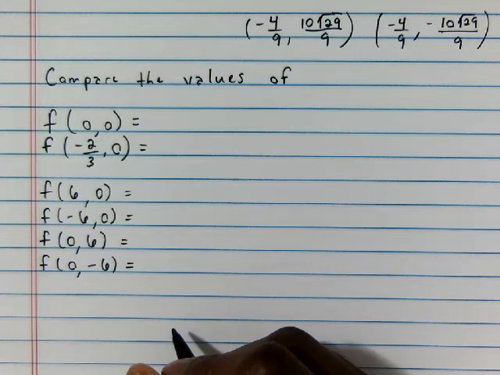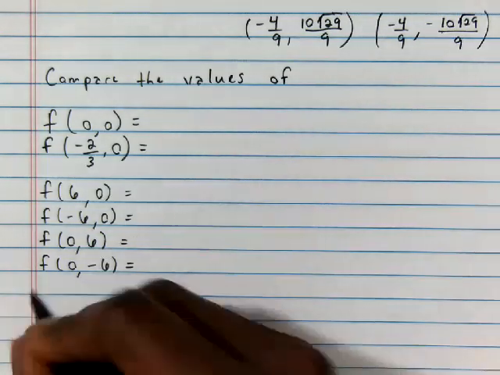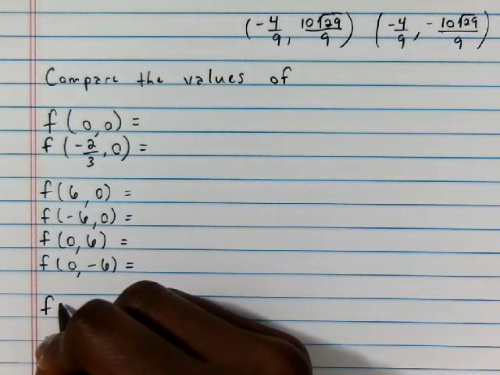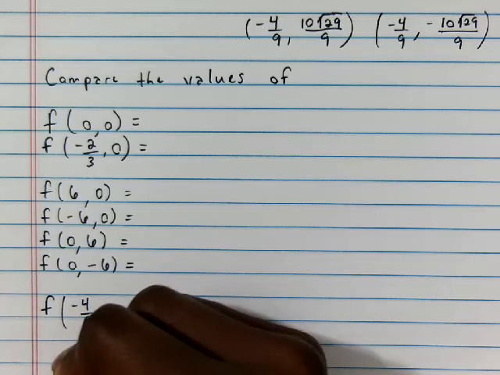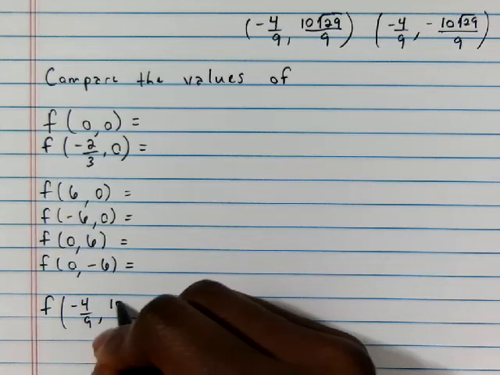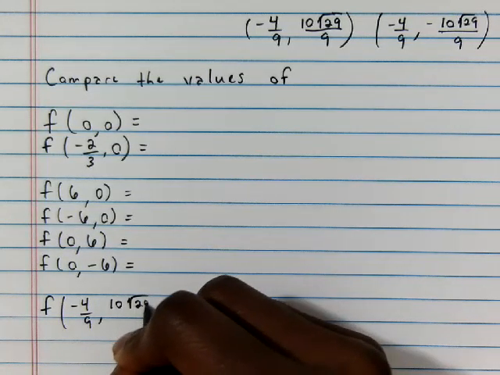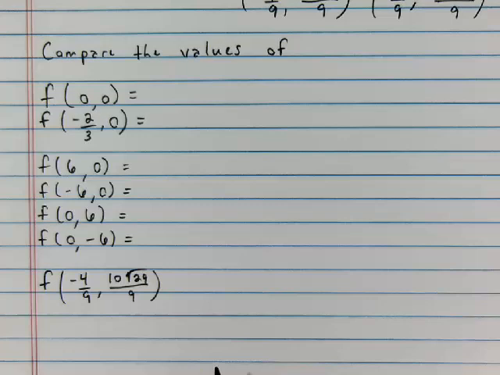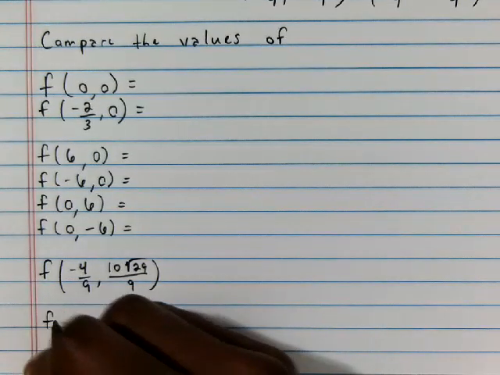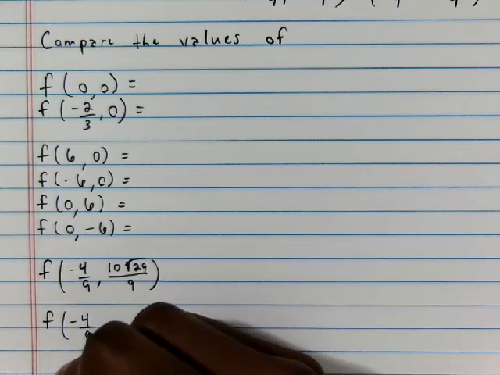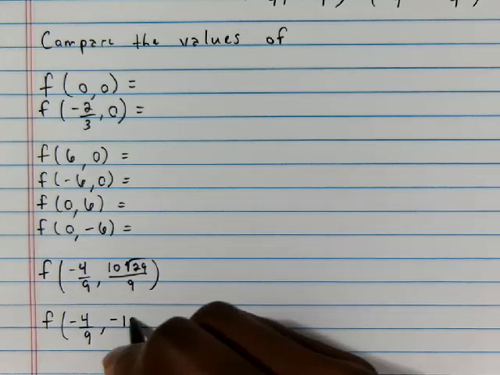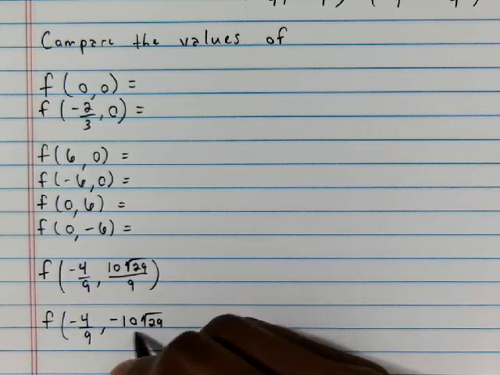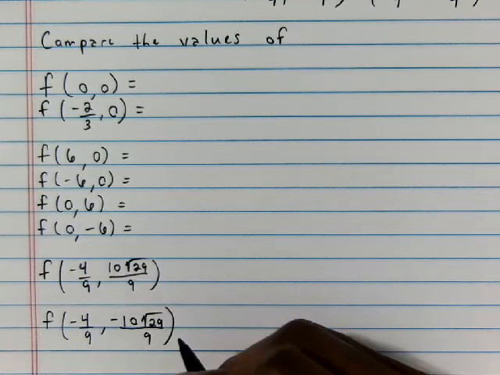And then lastly were these 2 points. f of negative 4 over 9, comma, 10 root 29 over 9. And f of negative 4 over 9, comma, negative 10 root 29 over 9.